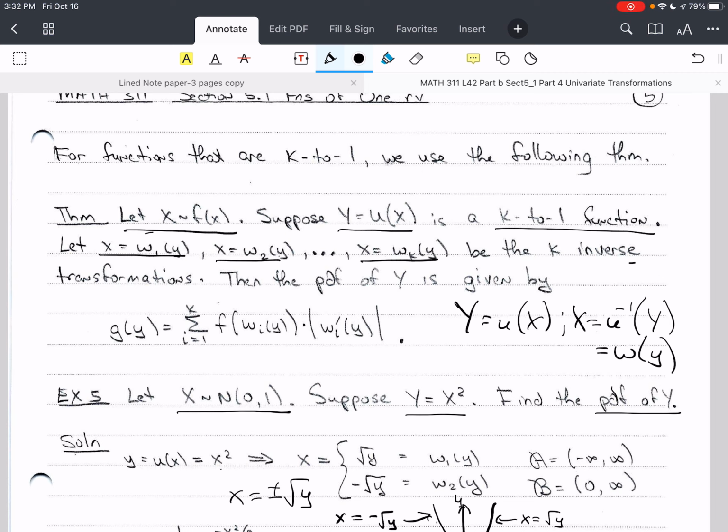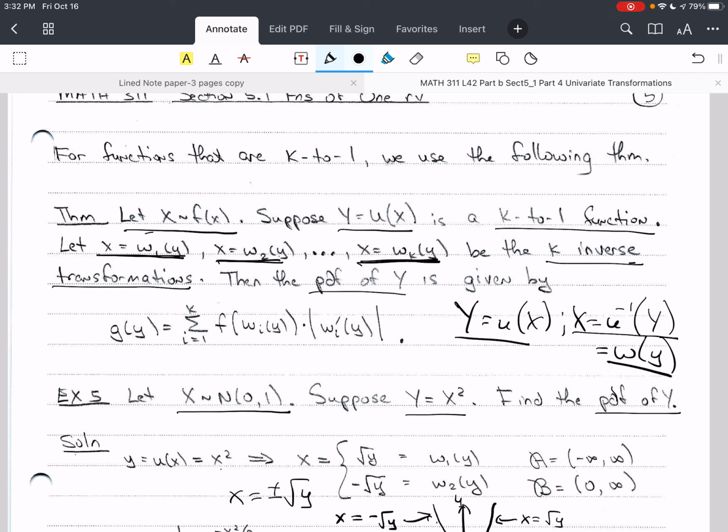So we said that y is u of x, and so x is going to be the inverse of u on y. We're assigning w of y as that inverse function, but now we have w1, w2, all the way up to wk of y, and these are the k inverse transformations.